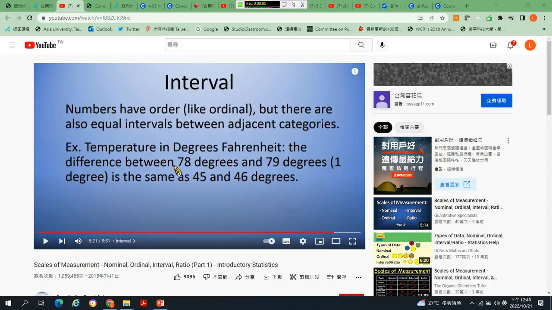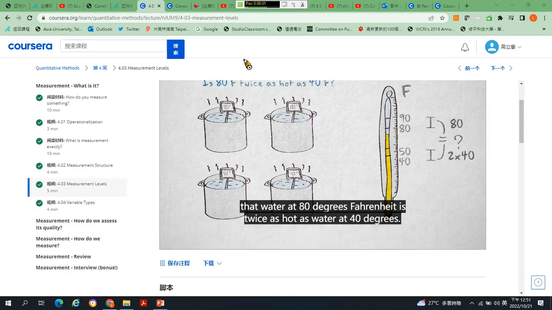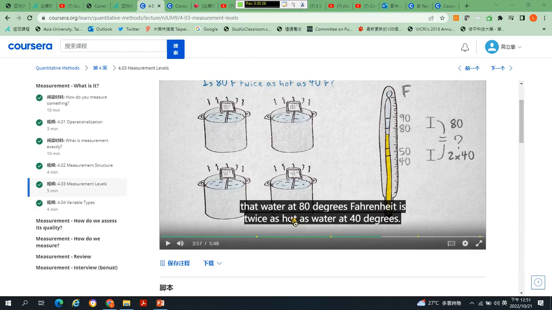The difference between 78 degrees and 79 degrees is the same as between 45 and 46 degrees. However, for the interval variable, we cannot do a ratio. For example, with temperature, we cannot say the water at 80 degrees Fahrenheit is twice as hot as water at 40 degrees, because there's no absolute zero here.